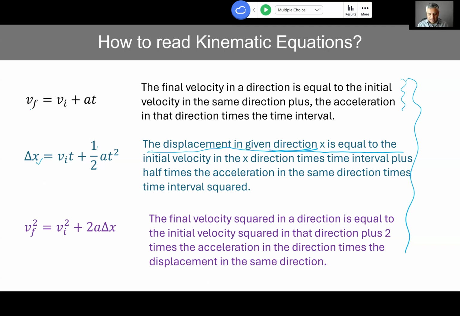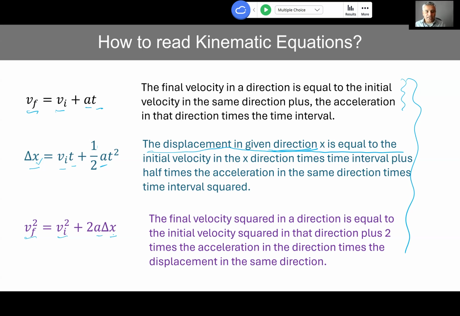See, 1, 2, 3, 4. 1, 2, 3, and 4. Time repeats there, right? 1, 2, 3, 4. All of them have four. So out of four, if we somehow know three, then we should be able to find the fourth one. That could be any one of these.